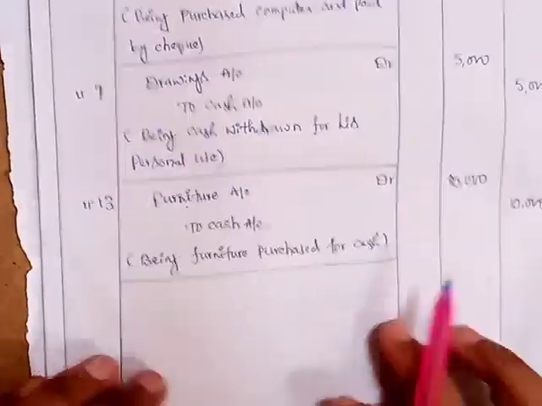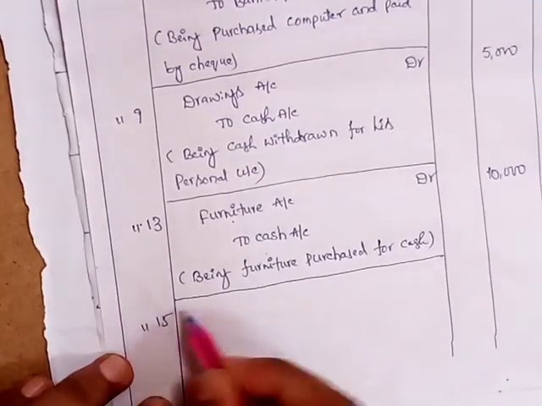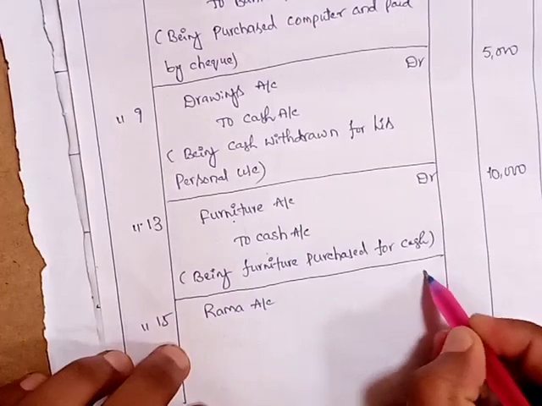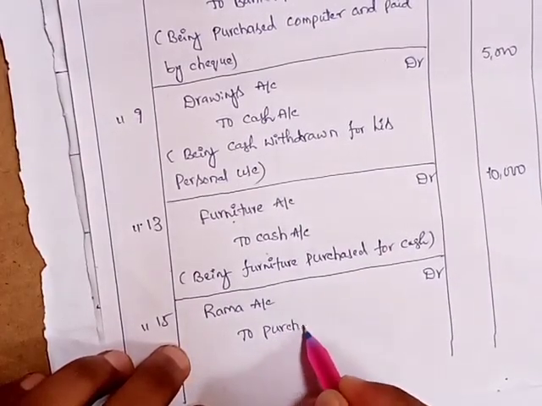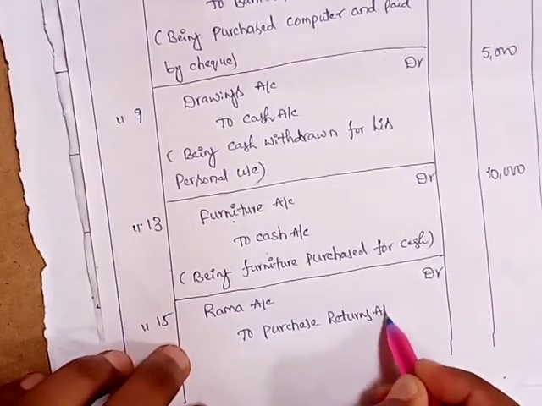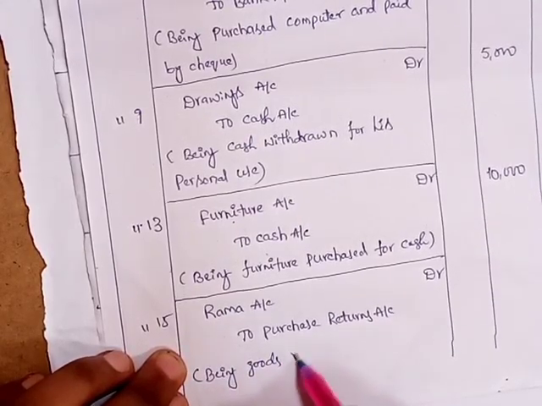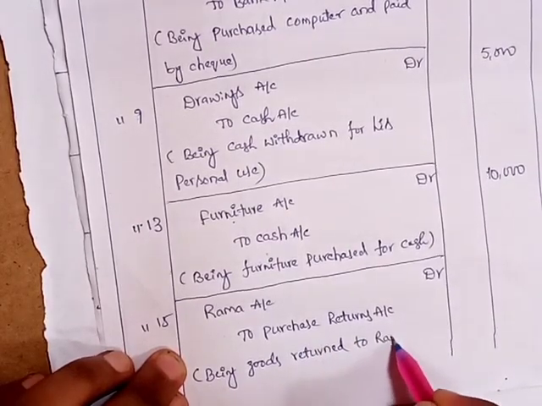So the entry is, what is the date? 15. Rama account debtor to purchase returns account. Narration: being goods returned to Rama.